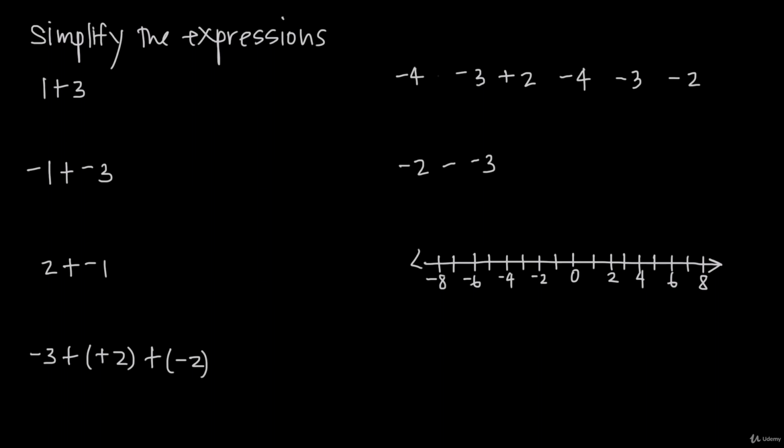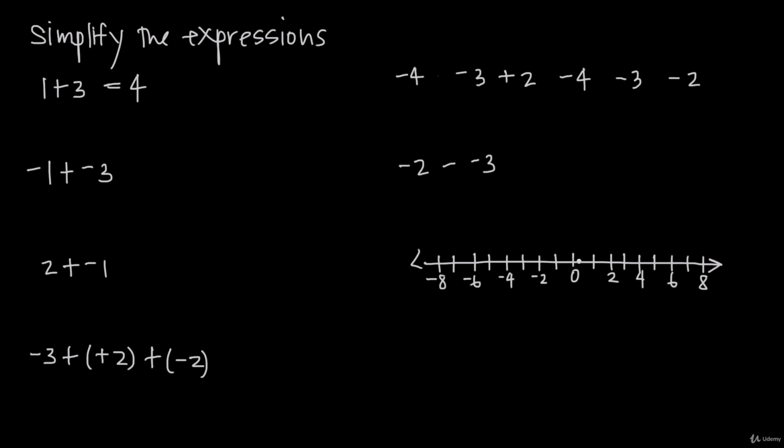So let's take a look at a couple of examples, and we're going to plot these on our number line so that we get a better idea of how it works when we add and subtract signed numbers. In our first example here, we have positive 1 plus a positive 3. We all know that's going to be a positive 4. That's simple addition. And the way that we know that, if we look at our number line, is we always start at the origin here at 0, and we want to move over 1 unit because we have a positive 1.